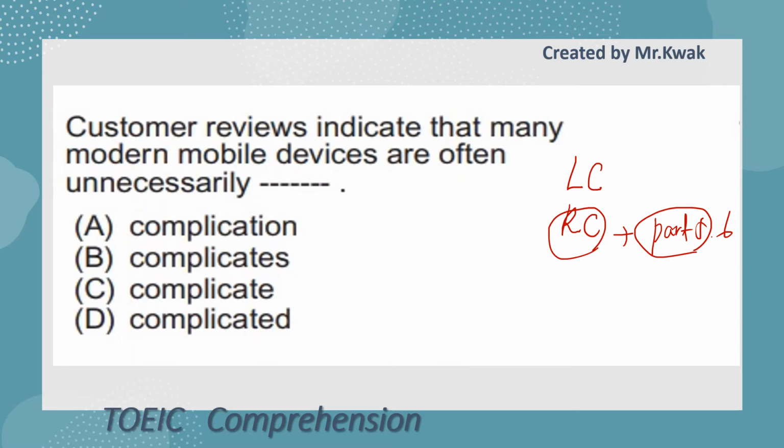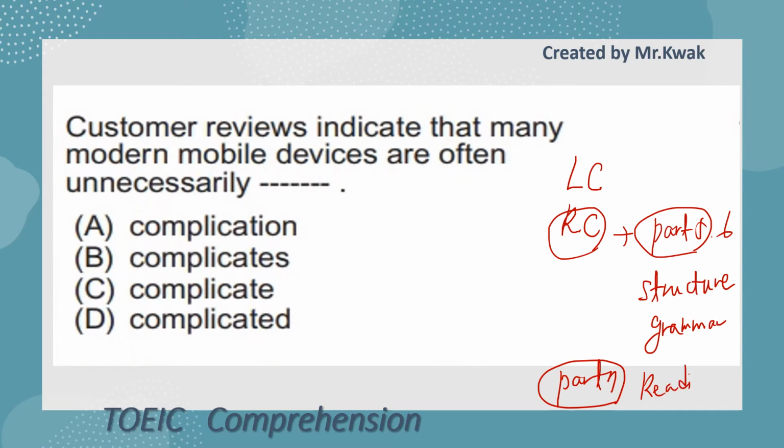Part 5 is the structure or grammar part. Part 7 is reading comprehension, and part 6 is a mixture between part 5 and part 7.